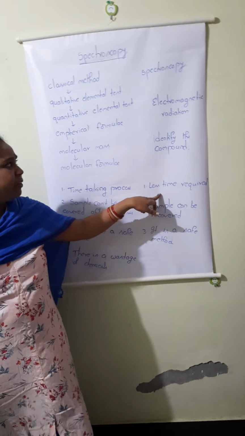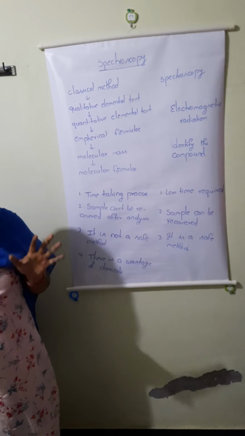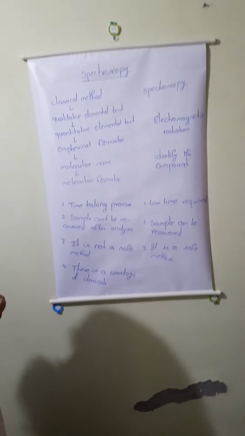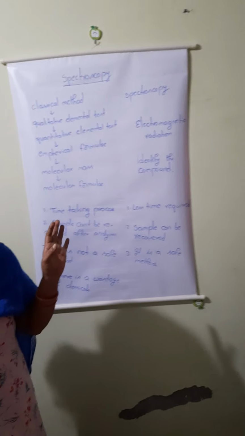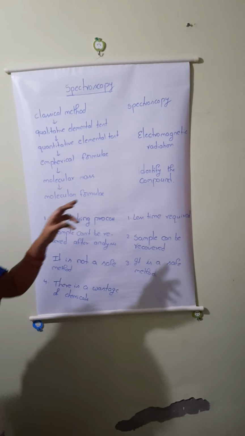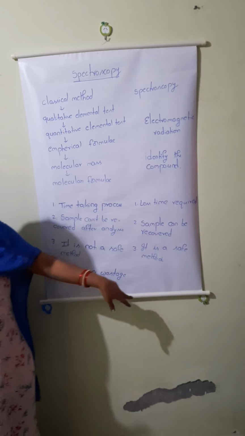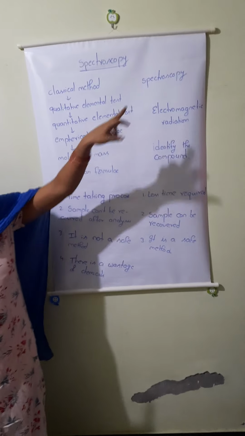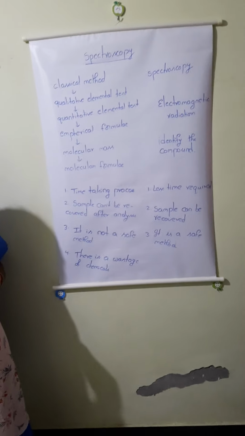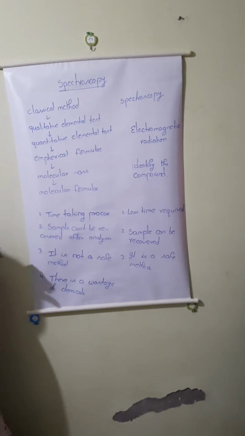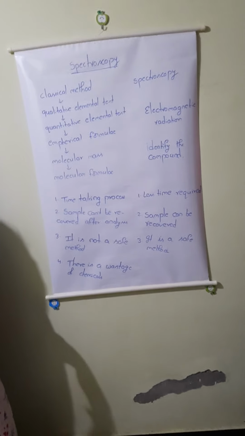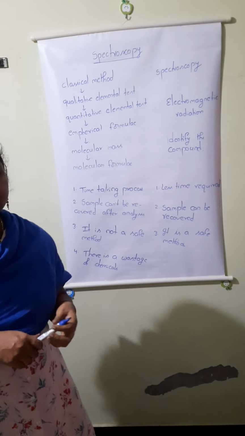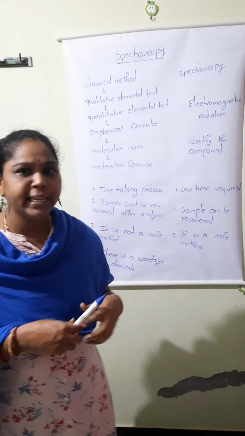In this method, what can we do? By simply passing electromagnetic radiation through the matter, and by using mass spectroscopy, we can determine the molecular formula. So less time is required. Then in the classical method, the sample cannot be recovered after analysis, because a lot of chemical reactions are done in this test.